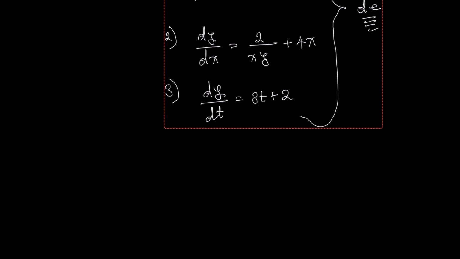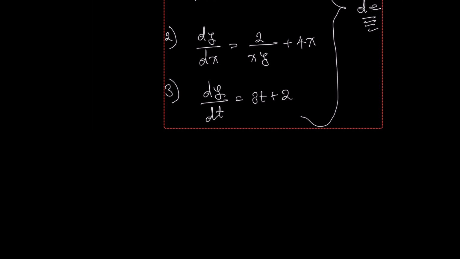So what is an ordinary differential equation? The difference, by the way, between ordinary differential equations and partial differential equations is the number of independent variables. So let's look at first the difference before you get to know what an ordinary differential equation is.